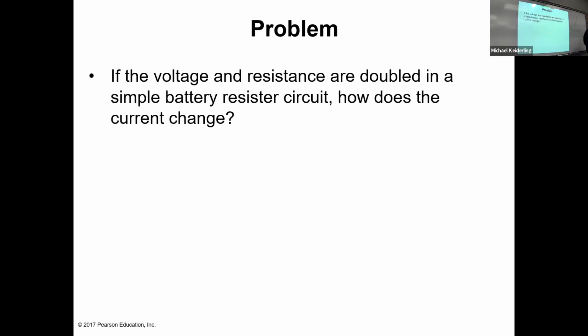And then if the voltage and the resistance are doubled in a simple battery resistor circuit, how will the current change? So what do you think will happen if I double both the voltage and the resistance?